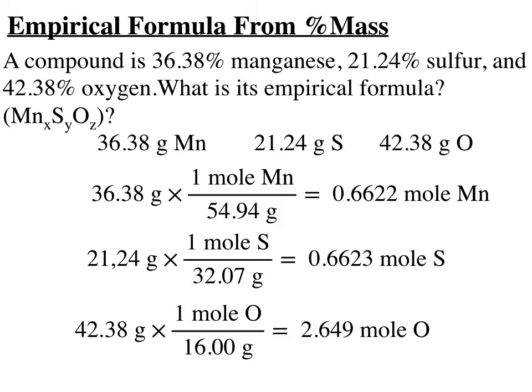I have 0.6623 moles of sulfur and 2.649 moles of oxygen. Now, technically, I could build an empirical formula from that information. It would be Mn 0.6622, S 0.6623, O 2.649.